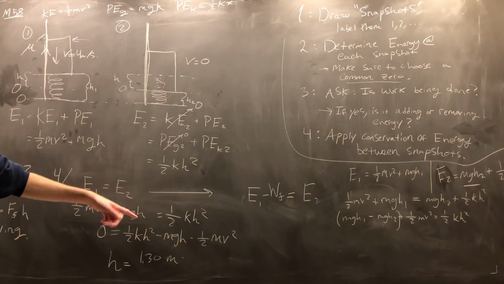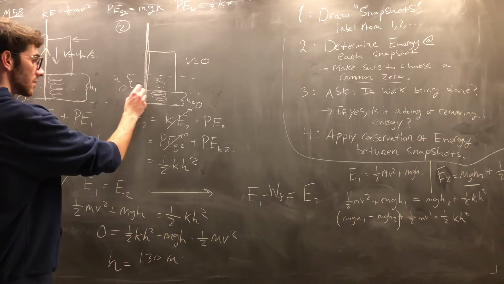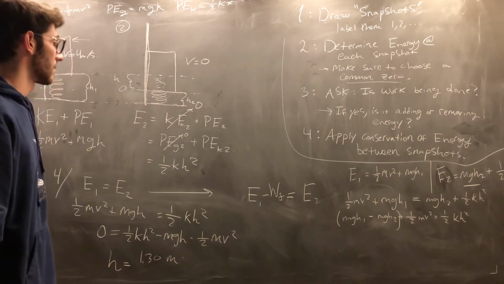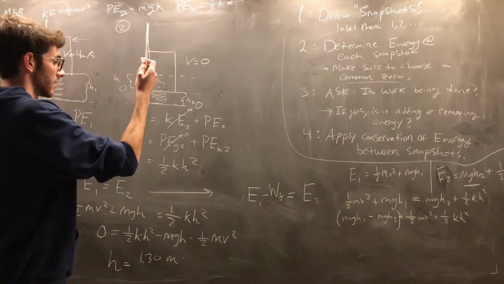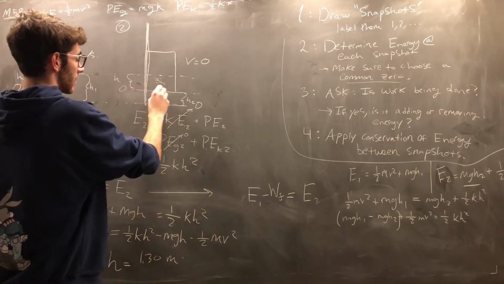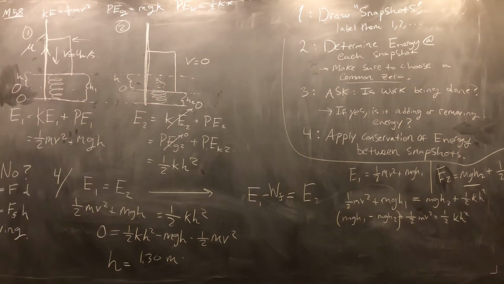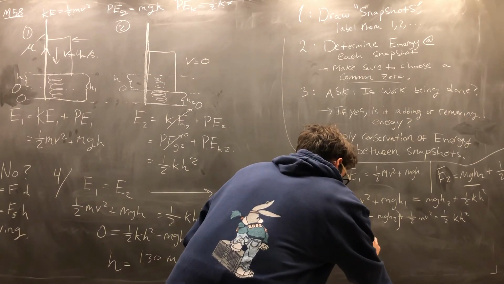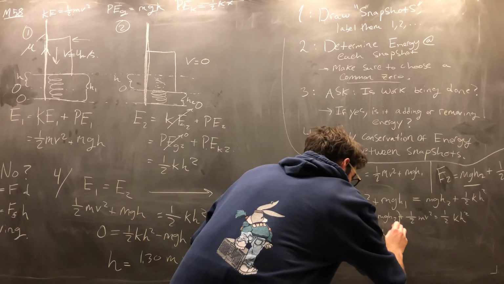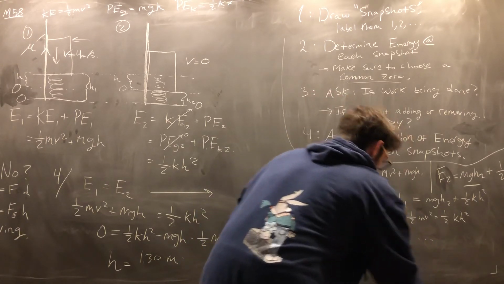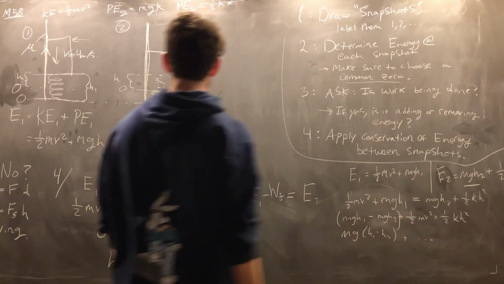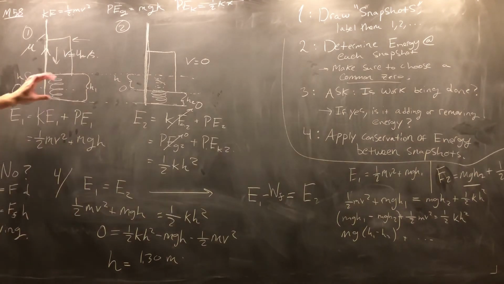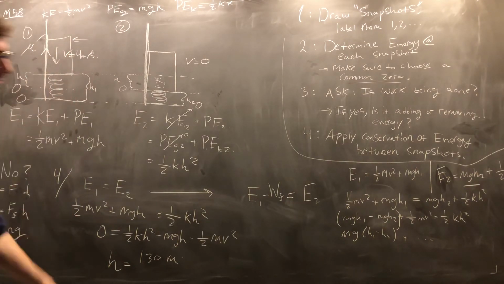But we just saved ourselves some work by choosing the origin, where the height is 0, to be where it was in the second snapshot. Now I could go even further and say mg, factor out h1 minus h2, assuming this stuff stays the same. But again, h1 minus h2 is just h.